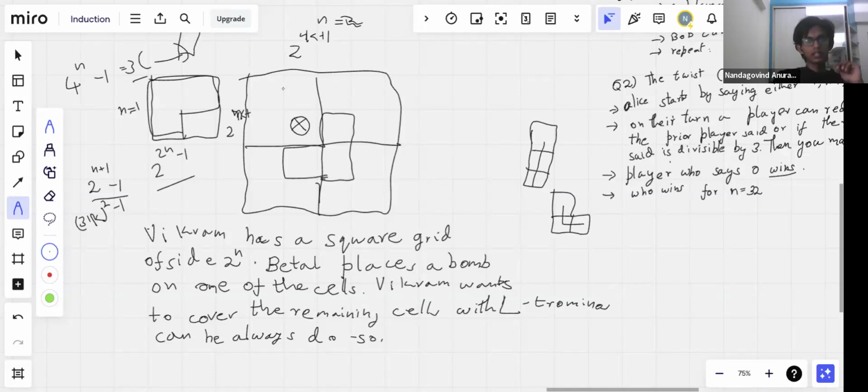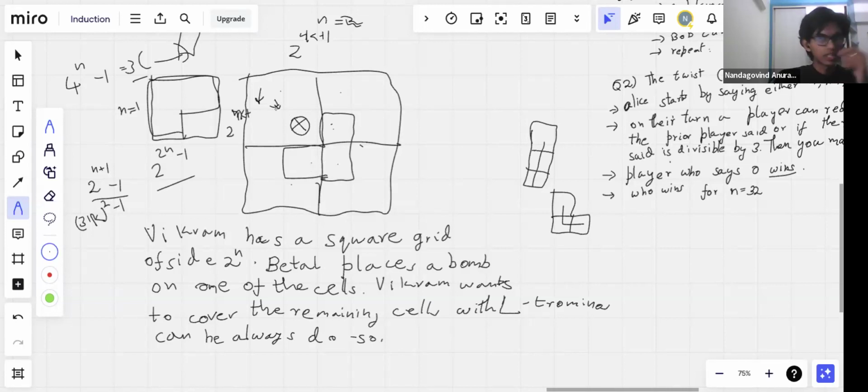So for example, if the bomb was in this, we divided it over 4 different segments. If the bomb was placed in some arbitrary spot in this grid, then all you have to do is cover up, so you leave an open space at the bottom left corner of the top right grid, the top left corner of the bottom right grid, and the top right corner of the bottom left grid.